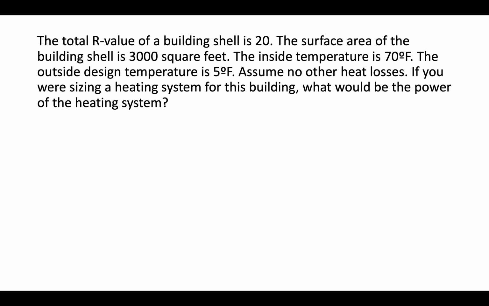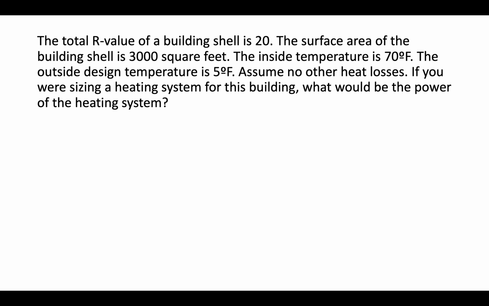So here's another question. The total R value of a building shell is 20. Again, that's already given. The surface area of the building shell is 3,000 square feet, so that's also already given. This would have been like the first example where we had to calculate it. The inside temperature is 70 degrees and the outside design temperature is 5 degrees Fahrenheit.